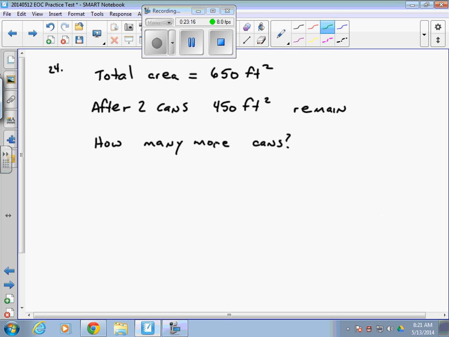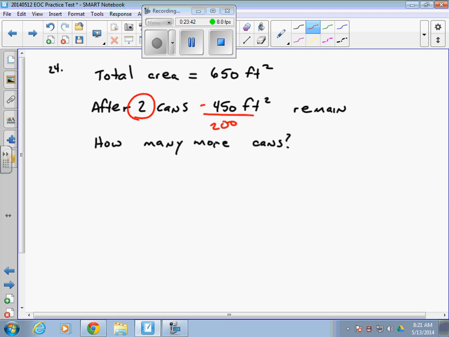Number 24 says the total area is 650 square feet. After painting 2 cans, he's got 450 square feet left. How many more cans? Well, if you subtract these two, you can see that he painted 200 square feet in 2 cans.